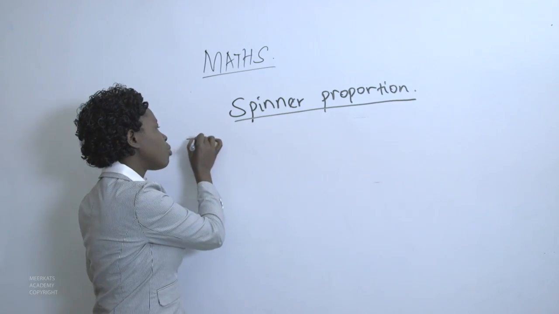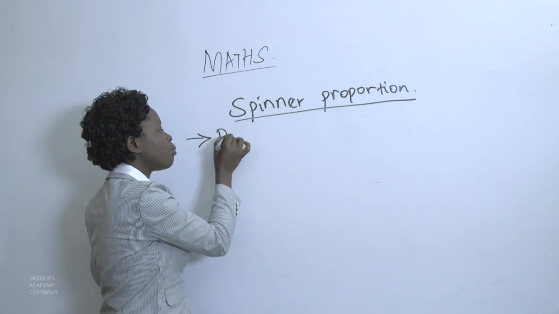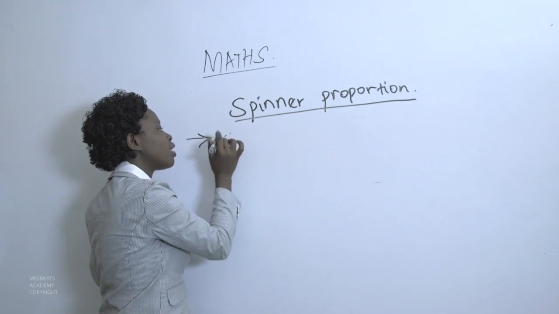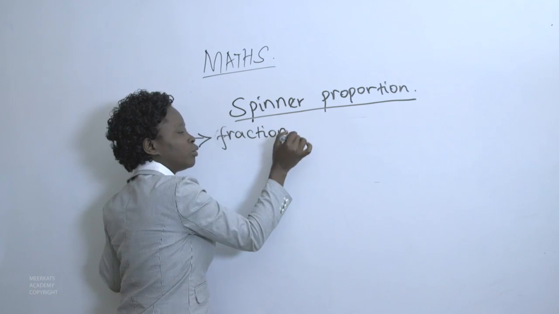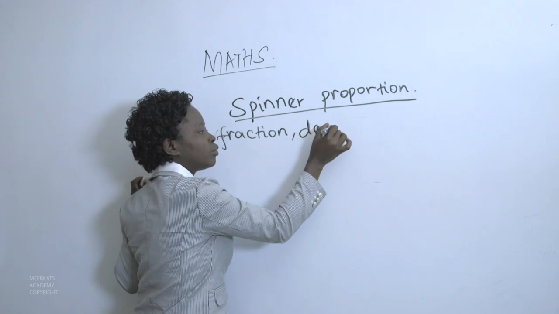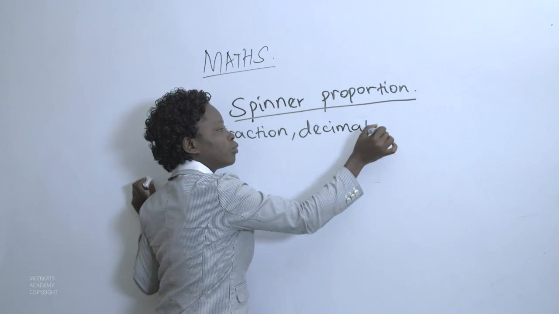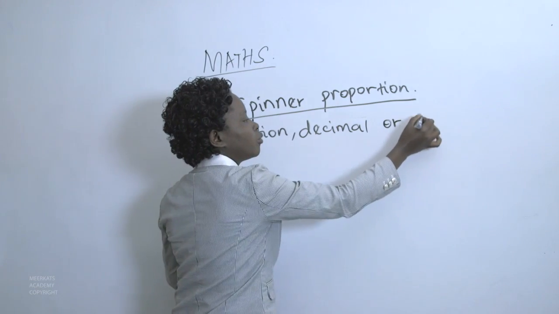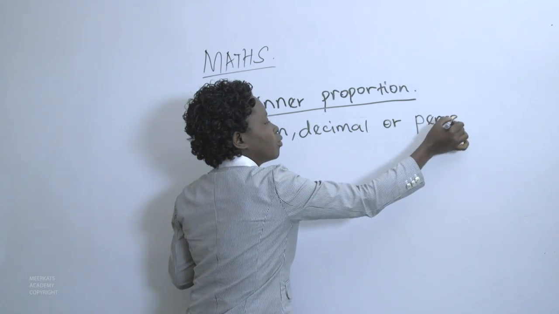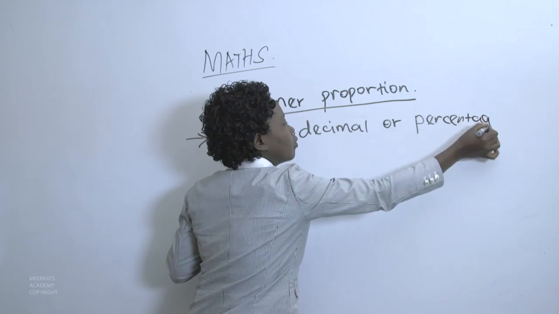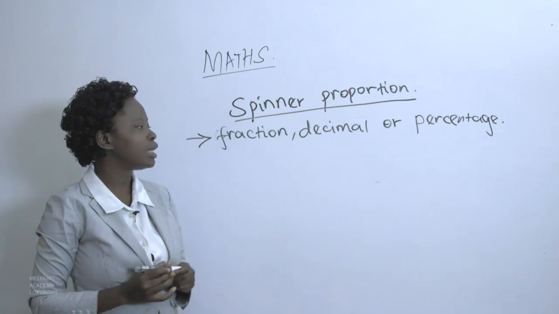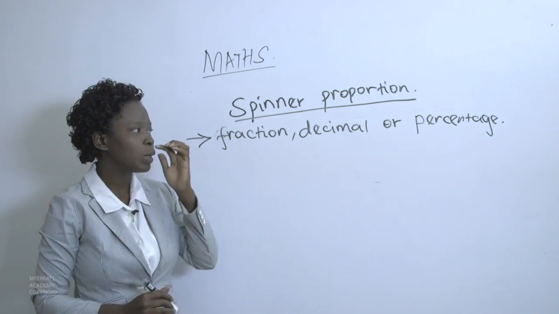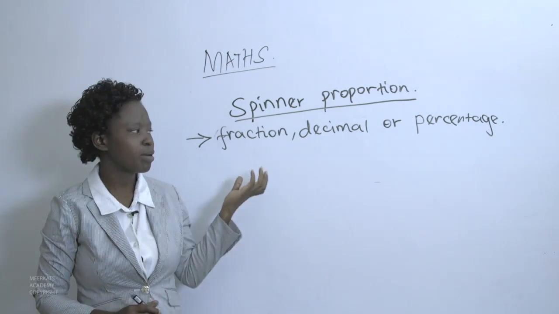So with proportion, we can express the probability as either a fraction, a decimal, or a percentage.